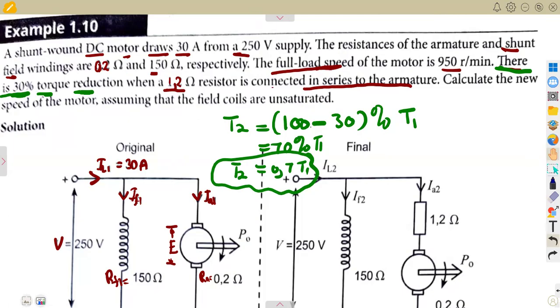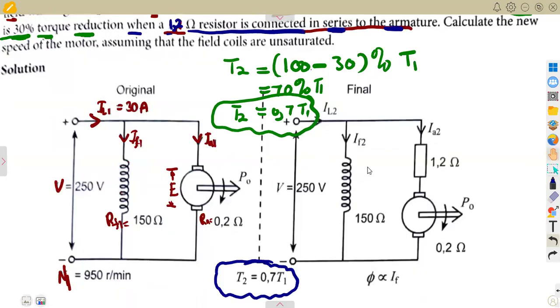All right. So when this is happening, they are saying when a 1.2 ohm resistor is connected, where is it connected? In series to the armature. Before, we just had our armature as it is, with its armature resistance of 0.2.